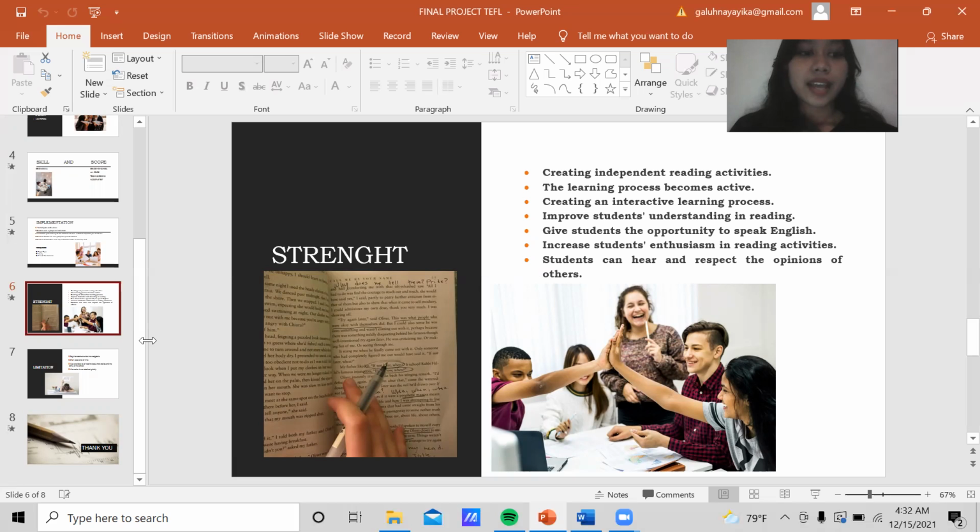Second, students can develop their reasoning abilities and ideas. And the third is it can create an interactive learning process. And the fourth is it can improve students' understanding in reading.